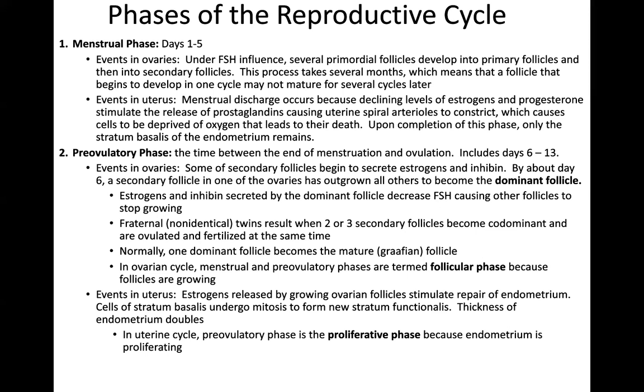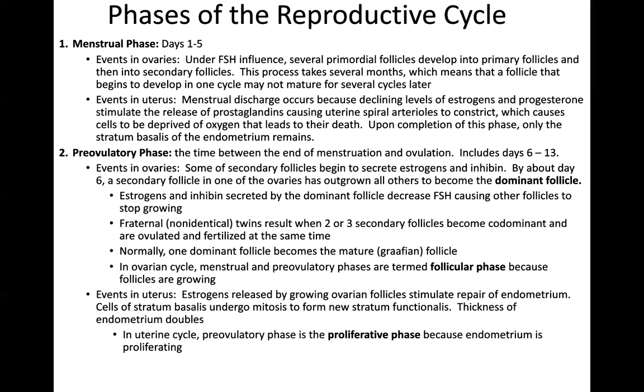Okay. Now, this is the phase that's really more related to what's going on in the uterus. And it's called the menstrual phase because this is when the female's going through her menstrual discharge, what people commonly call a female period. Okay. It's because of declining levels of estrogens and progesterone, which stimulates the release of prostaglandins that cause uterine spiral arterioles to constrict. So basically the blood vessels in the endometrium are pinching shut, and so the cells become deprived of oxygen, leading to their death.